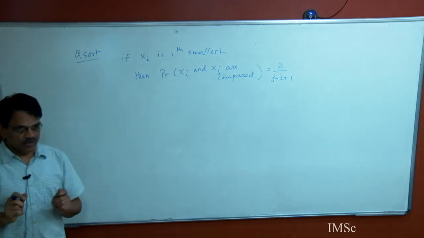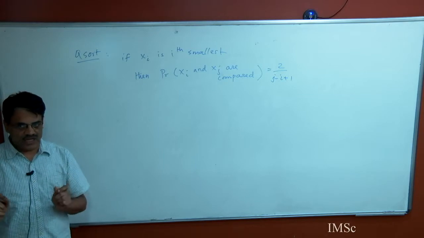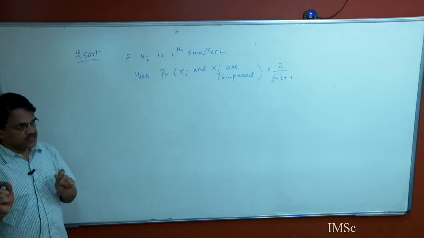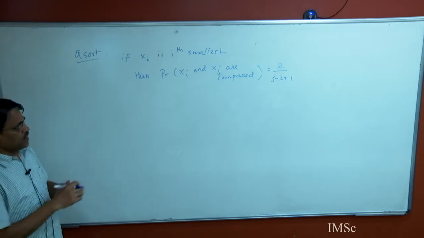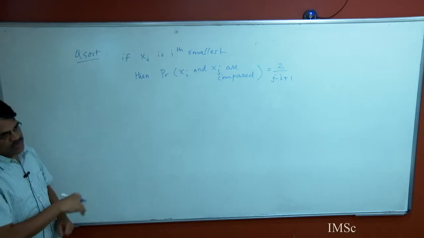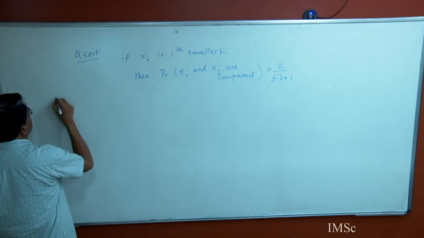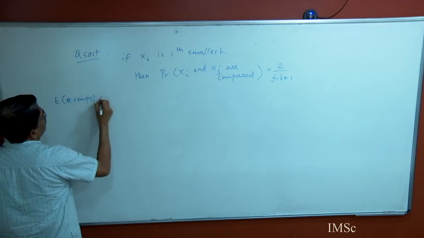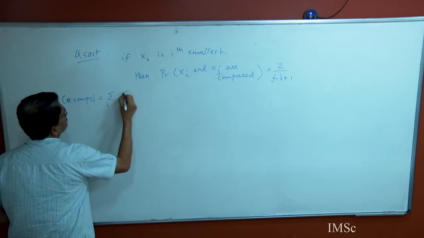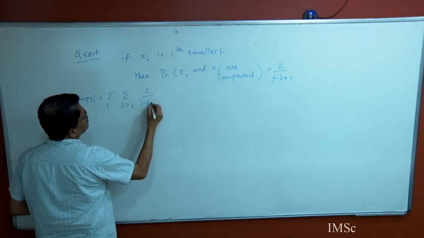because this is exactly the probability that in between xi, xi plus 1, to xj, either xi or xj is picked as a pivot before everybody else is picked as a pivot, and that had this probability. That simplified the whole thing: the expected number of comparisons overall became summation over i, summation over j greater than i, of 2 by j minus i plus 1.